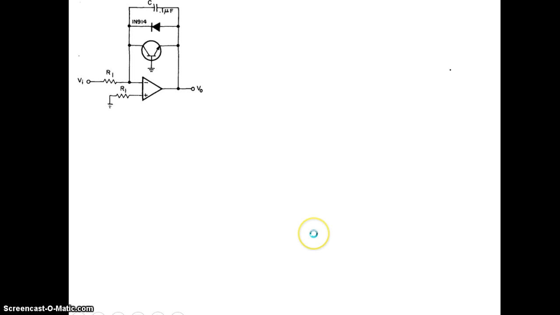If I am writing the transistor voltage-current relationship, you must have studied it in your electronic circuits. It's given as IC equals IS into (e raised to VBE divided by VT, minus 1).